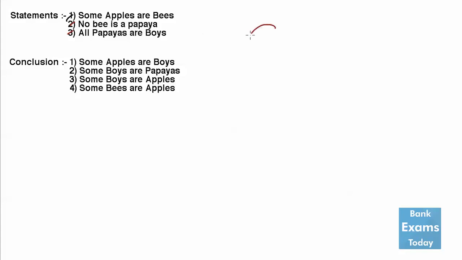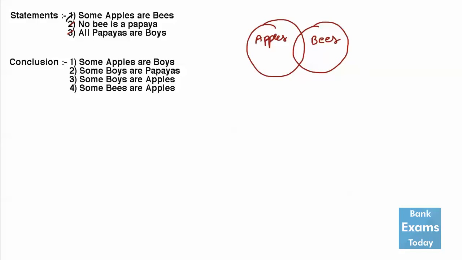So some apples are bees. These are for apples. Some of the apples are bees. Then no bee is a papaya. Here goes the papaya. Papaya can be here or the papaya can be here. The papaya circle can be anywhere except this circle, the bee's circle.